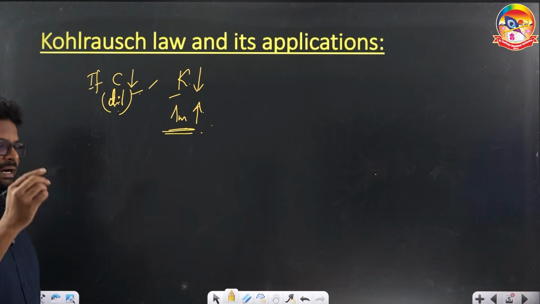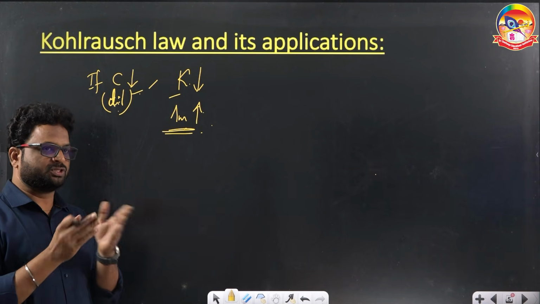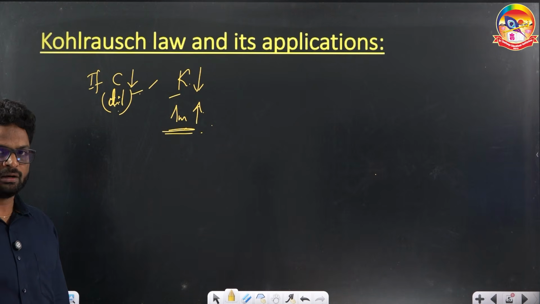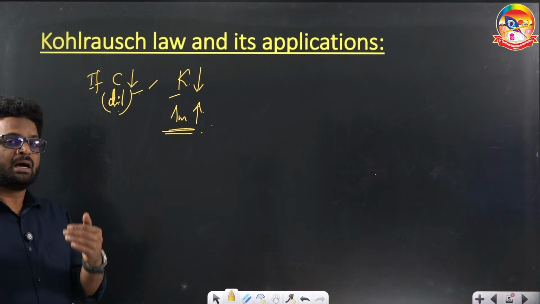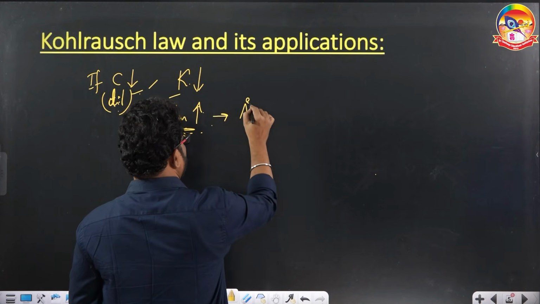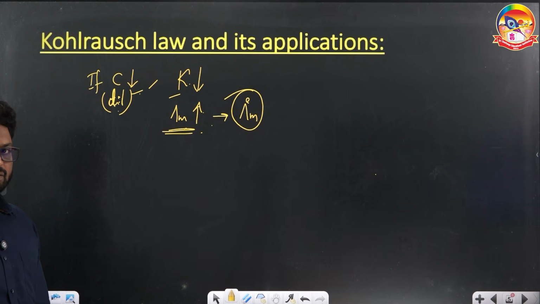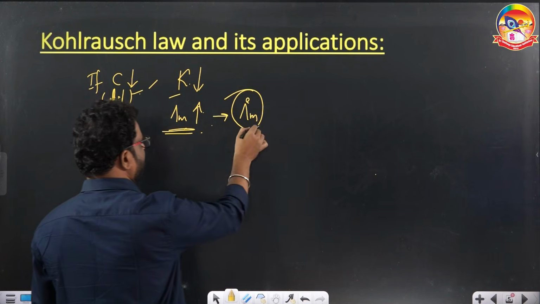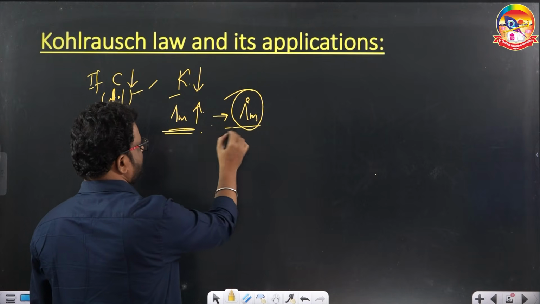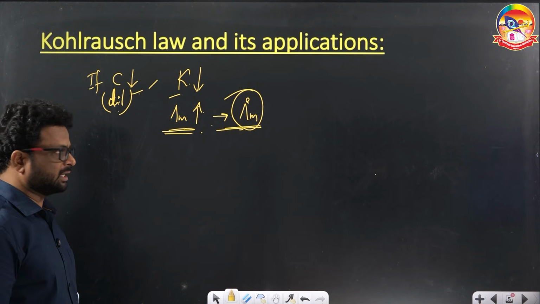It will increase until it reaches a maximum value where ionic interactions become 0, or degree of dissociation in case of a weak electrolyte becomes 1. That is the upper limit of this lambda m value, which is called lambda naught m, which is limiting molar conductivity or molar conductivity at infinite dilution. So this is the highest value possible for a given solution, and that is limiting molar conductivity.